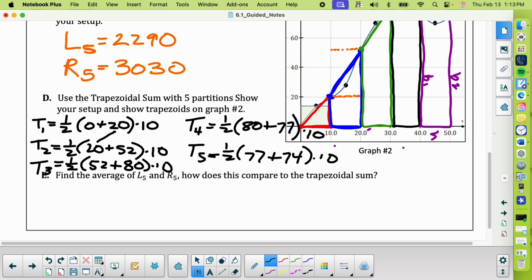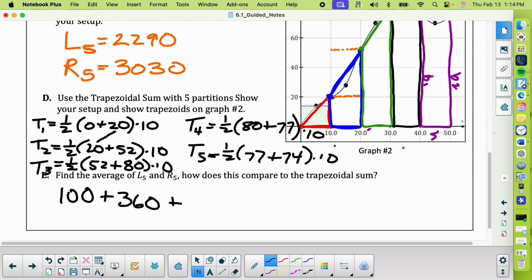So we've got 100 for the first one, the red one. The second one, average of 20 and 52, 36. 36 times 10 would be 360.